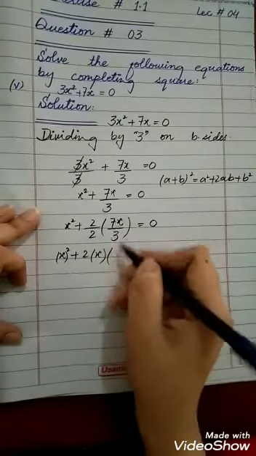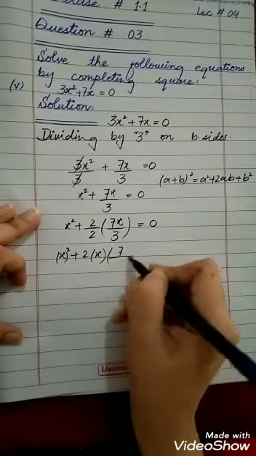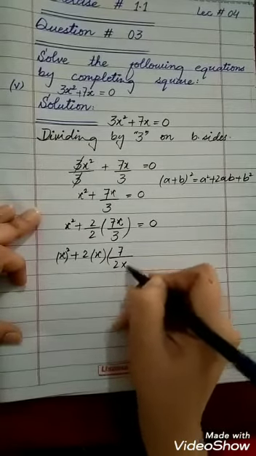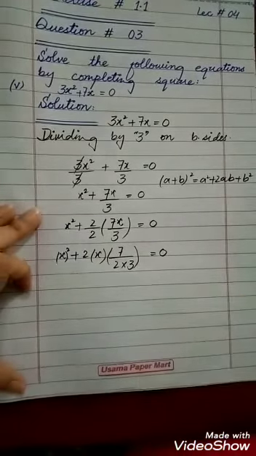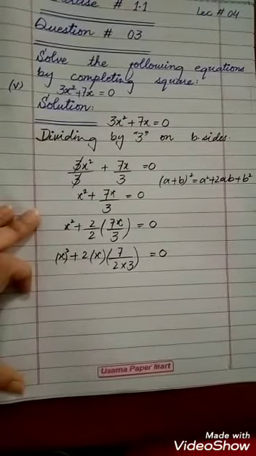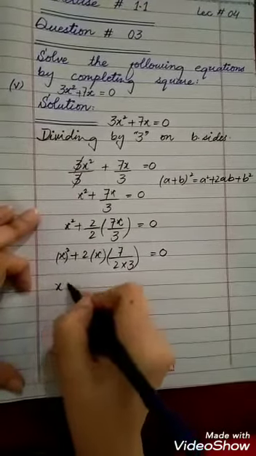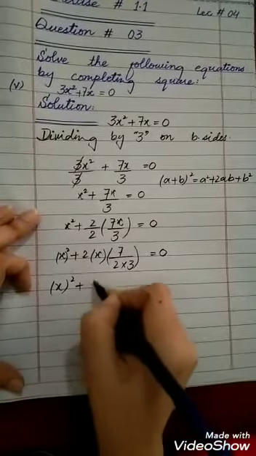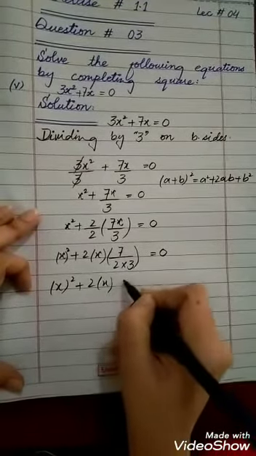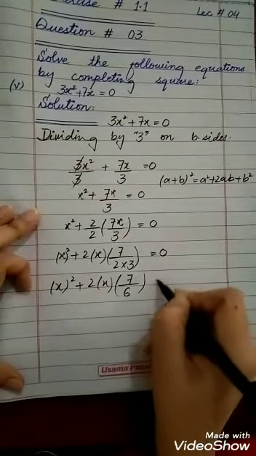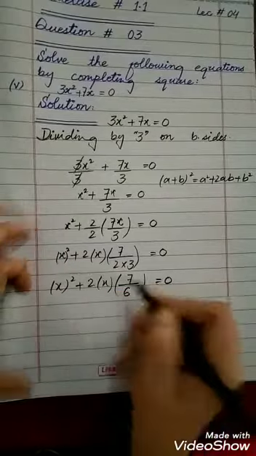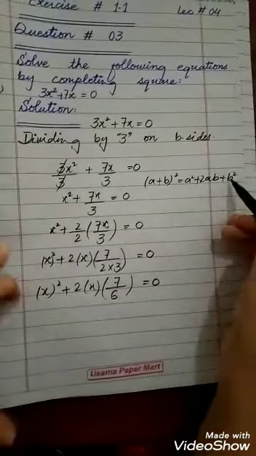What is left in the numerator is 7, and in the denominator 2 into 3, is equal to 0. Now a square plus 2a into b, 7 by 6. It means b square is still left. We have to find b square.